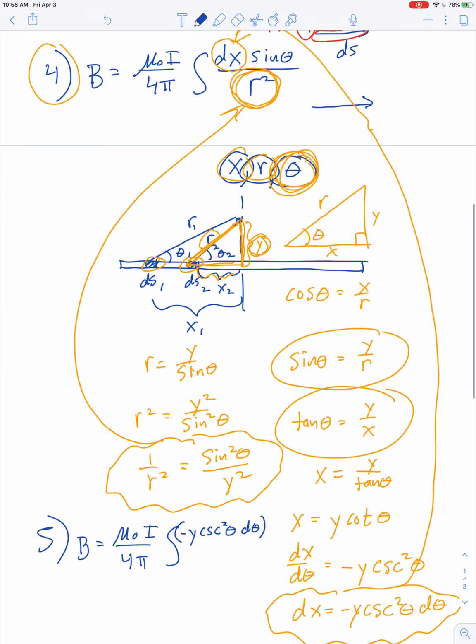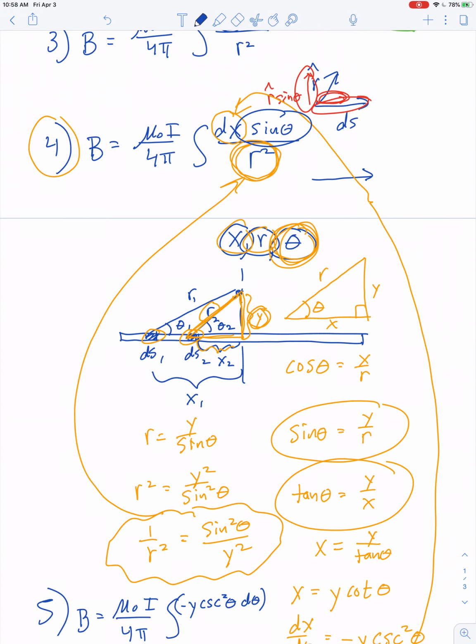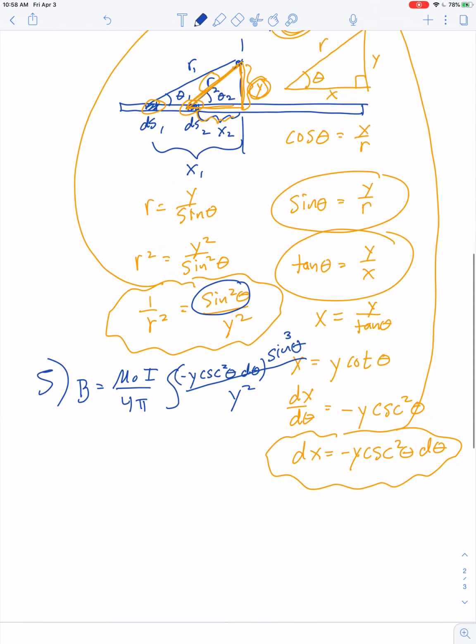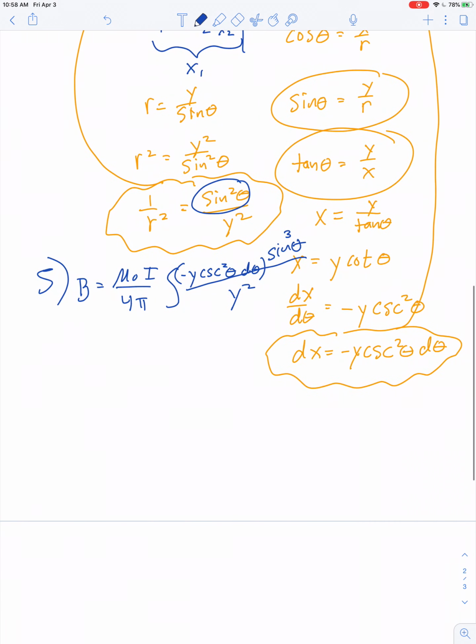And don't forget, we still have this sine theta to account for, so times sine theta, and then times 1 over r squared. That gives us another sine squared theta, so this becomes sine cubed, and a y squared in the denominator. Now that's a little messy. Let me rewrite and cancel out some quantities.